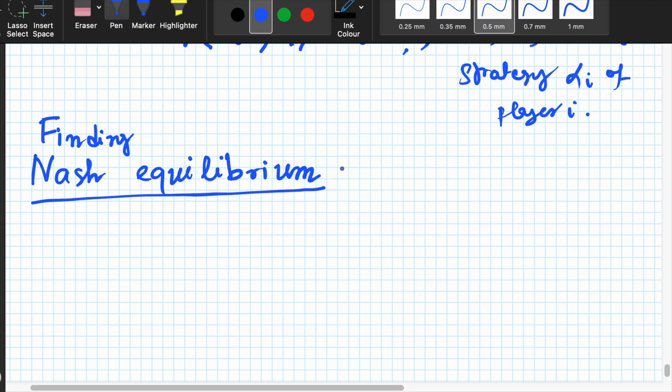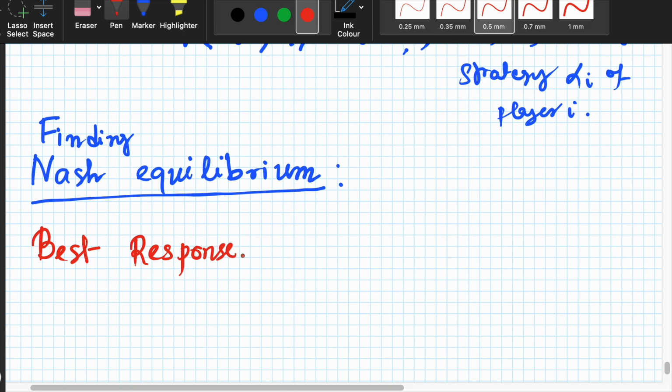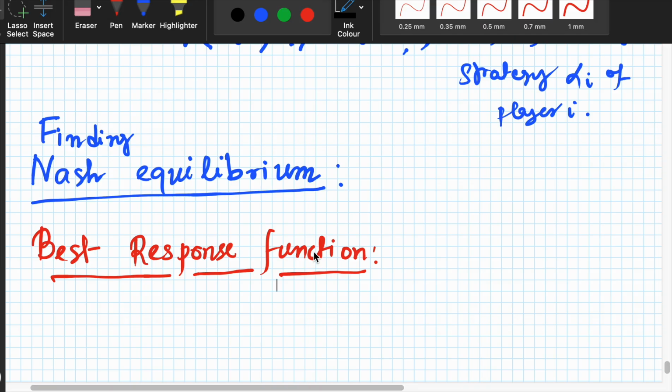So it is called the best response function. By constructing the best response function, now we will see that there is a connection with the Nash equilibrium.